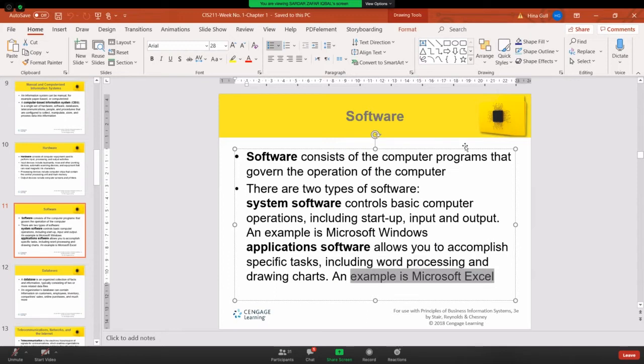Yes. Now there are two types. Can you give me an example of system software? Windows. Yes, Microsoft Windows. Linux, macOS. So these are operating systems, also examples of system software. But other than the operating system?